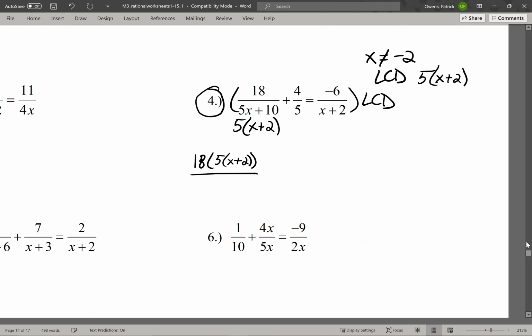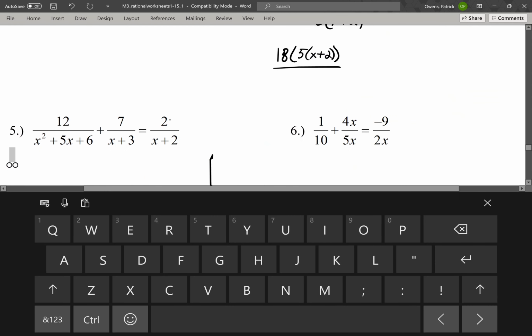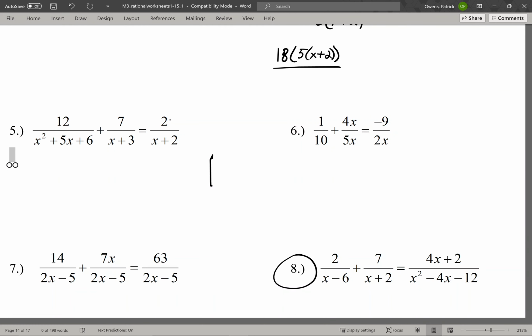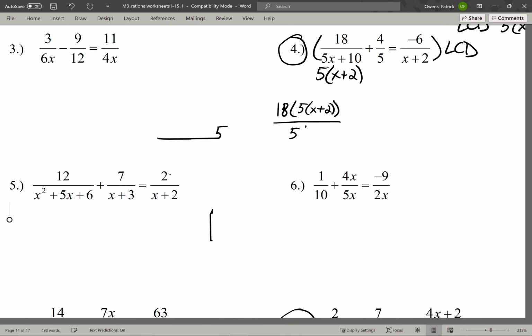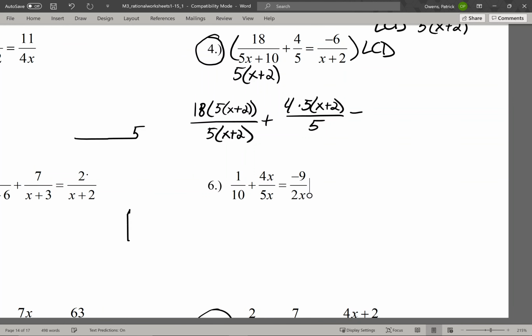So don't multiply the 18 and the 5, because we're just going to jump around the page again, because we're just going to factor it right back out. So let us just not multiply when we don't have to. So we have negative 6 times 5 times quantity x plus 2.